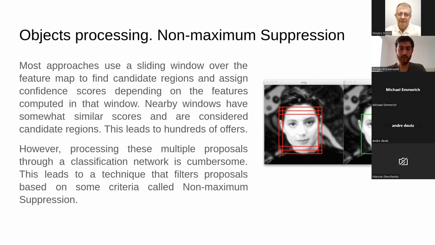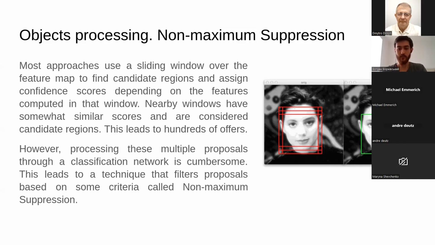What it does, it removes duplicates for the same object in the way that it takes a region with the highest confidence score. Then it goes through all other objects and looks how much two objects overlap by calculating intersection over union.